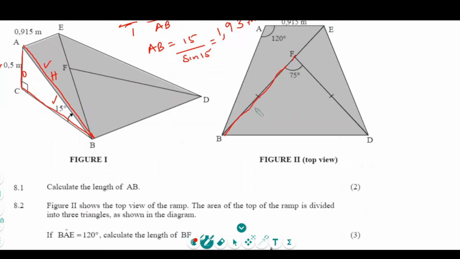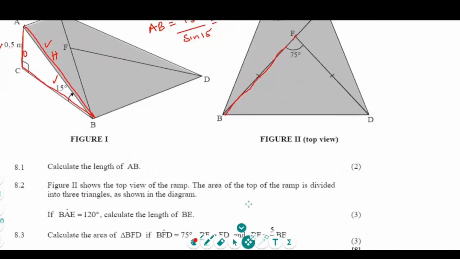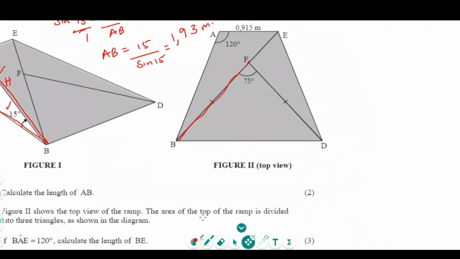Distance BF, what are we going to do? They said BF or BE. What am I reading? They want distance BE. Sorry about that. So distance BE, we're going to use the triangle BAE, and we have this, we have that. We got our AB as 1.93. We can use the cosine rule since we have one angle and 2 sides known.